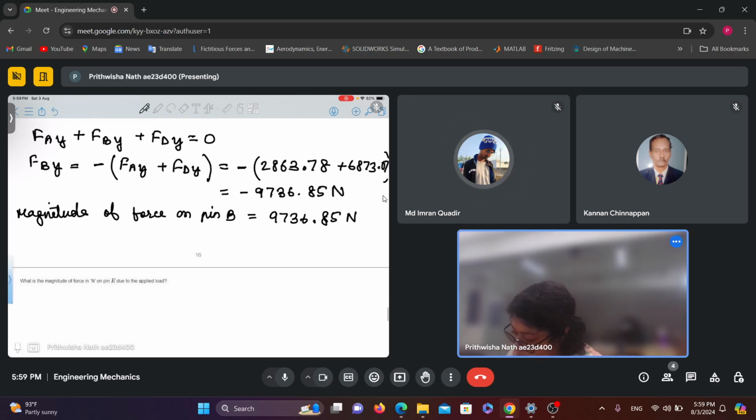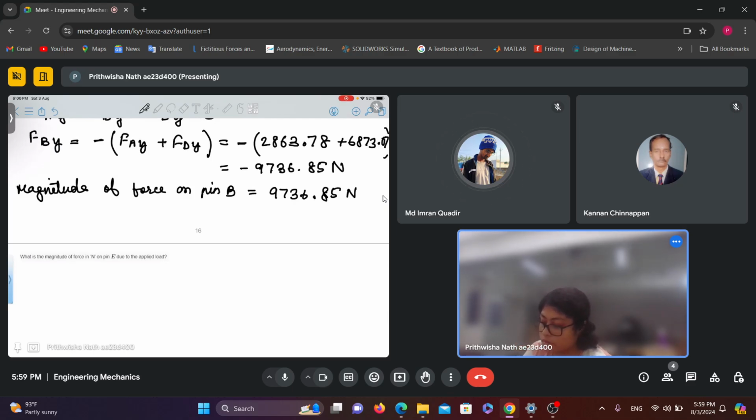Now, the next question is, what is the magnitude of force in Newton on pin E due to the applied load?